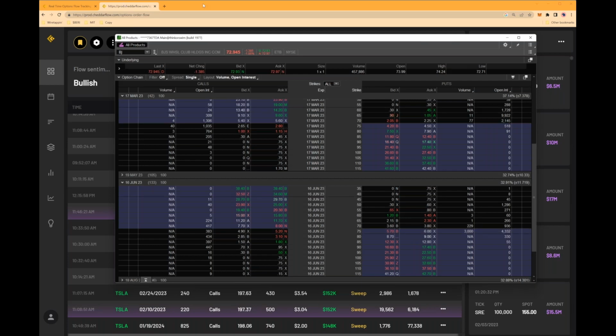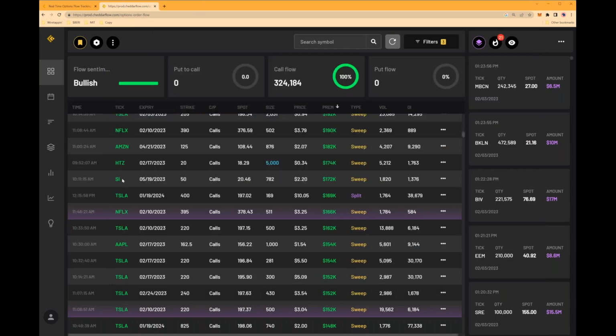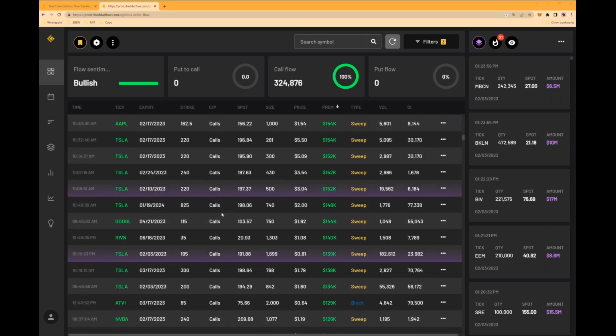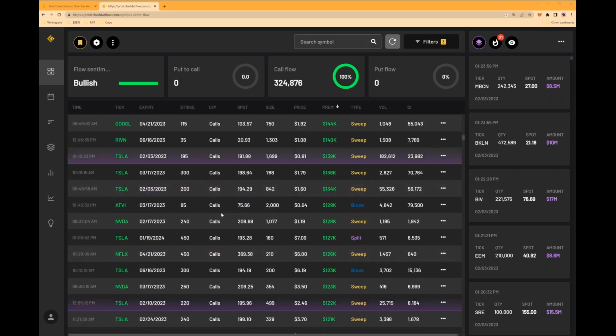So we use Cheddar Flow to find where that unusual activity is, but then, of course, it's like an earnings trade. You have to check your earnings. You have to confirm that the unusual options activity is really moving the stock. John, I assume you could get all this data on your own and write your own analytics and algorithms if you wanted to.